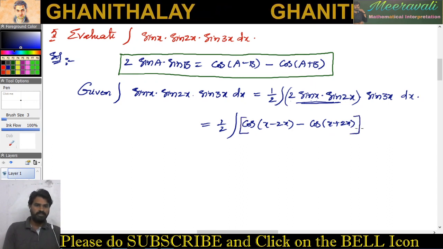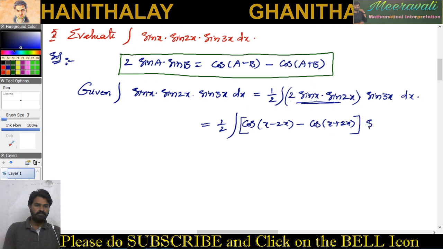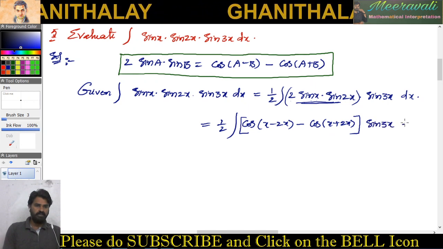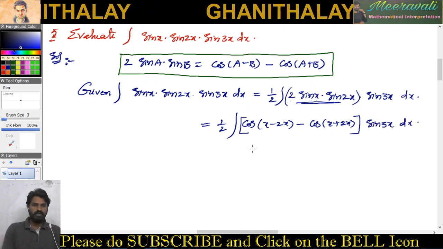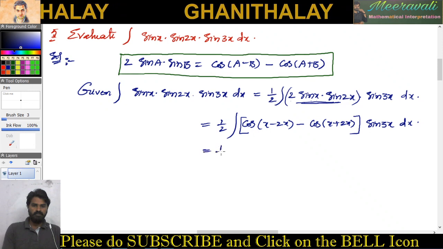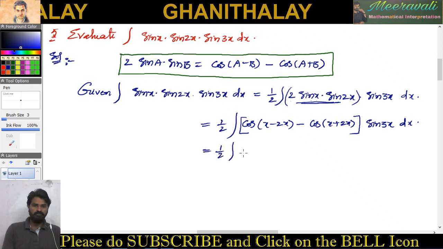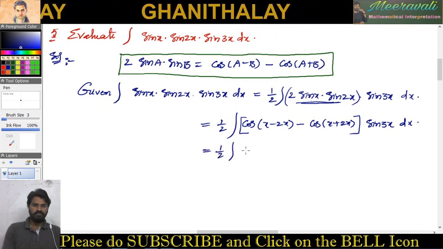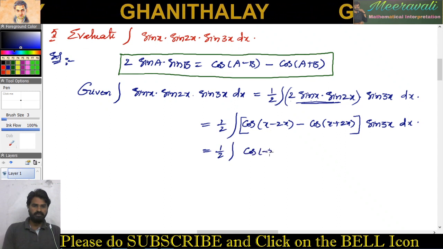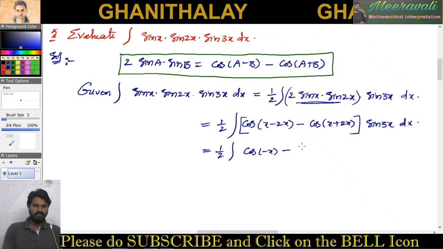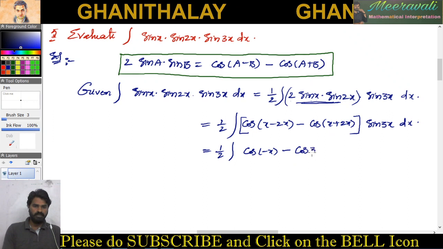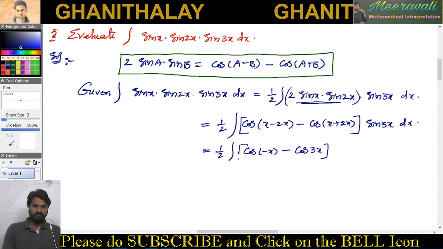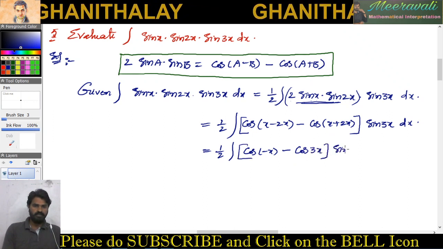Okay, so that's why I have taken bracket. So what will be there remaining? Sin 3x is there. So write the same to same. So now you can simplify the bracket value. Cos of x minus 2x, you will get cos of minus x, minus cos of x plus 2x, cos of 3x. Next one, sin 3x.